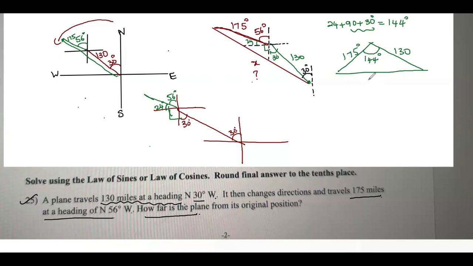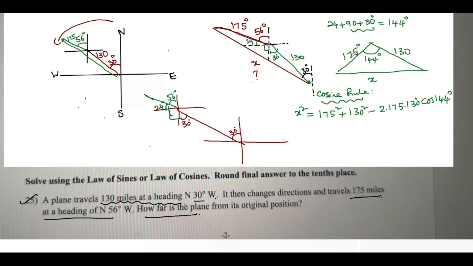Now we need to find this particular side. Let us use the cosine rule. X square is equal to 175 square plus 130 square minus 2 times 175 into 130 into cos of 144 degrees. Hope you know this cosine rule.